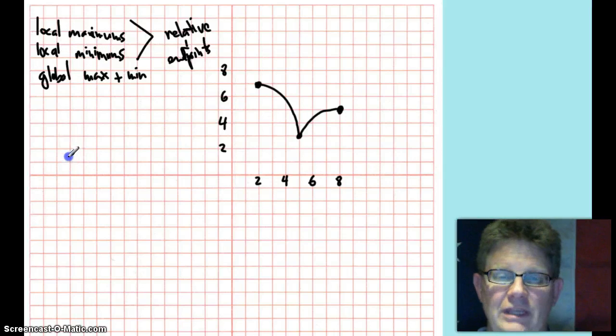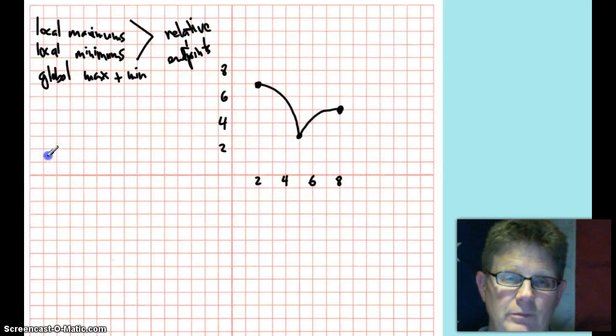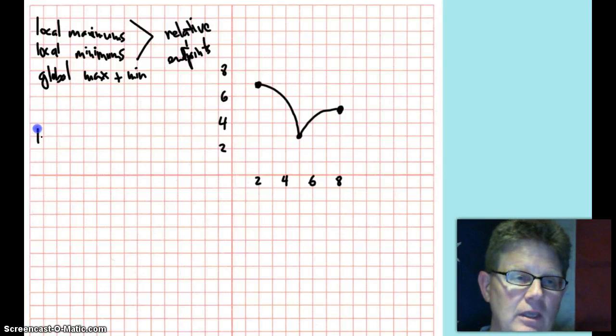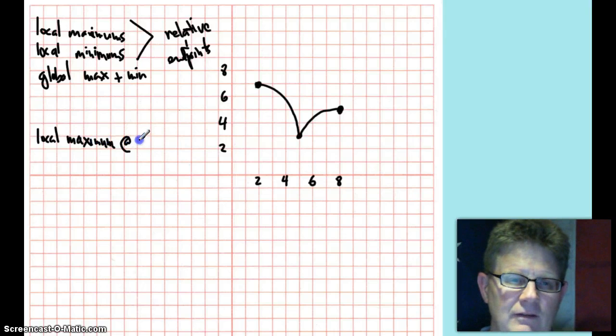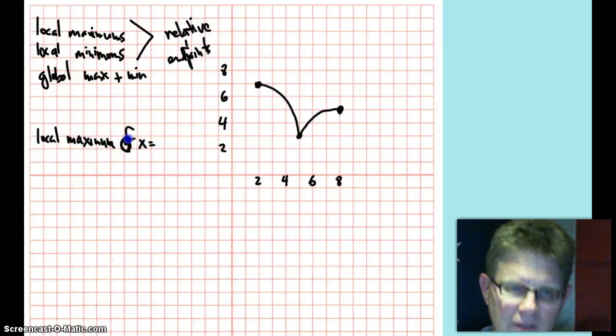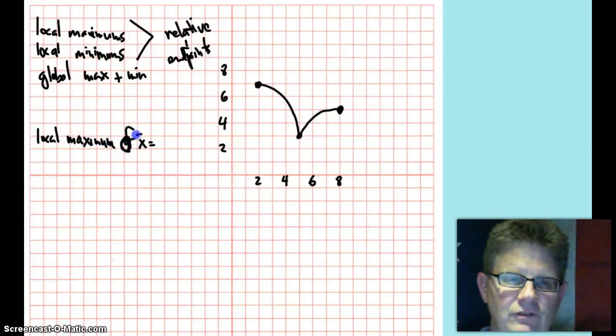So if we're going to evaluate this one using this terminology, you're going to have a local maximum of 7 at x equals 2.